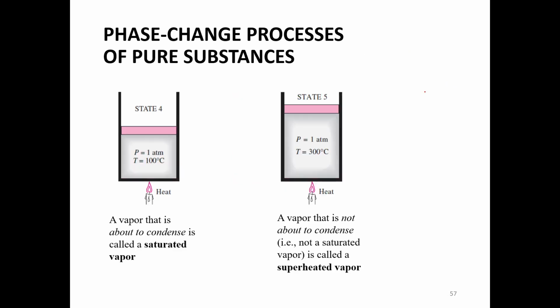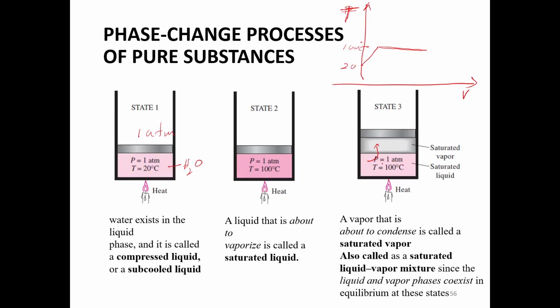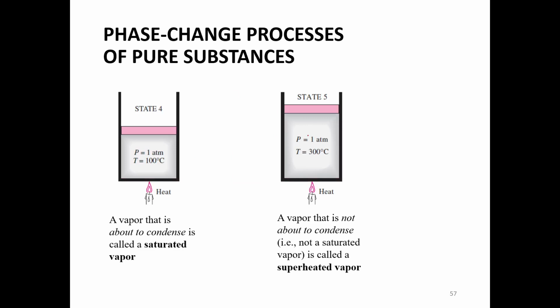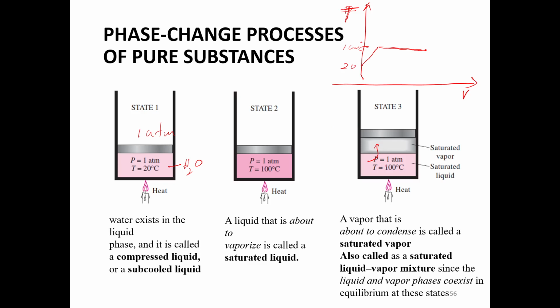Then at some point all of this liquid becomes vapor, right, say at this point. Then if we further heat it, now you have a gas here, 100% gas, right. Now in this case you have some portion liquid, some portion gas, so we have a mixture here, right, liquid and gas mixture.